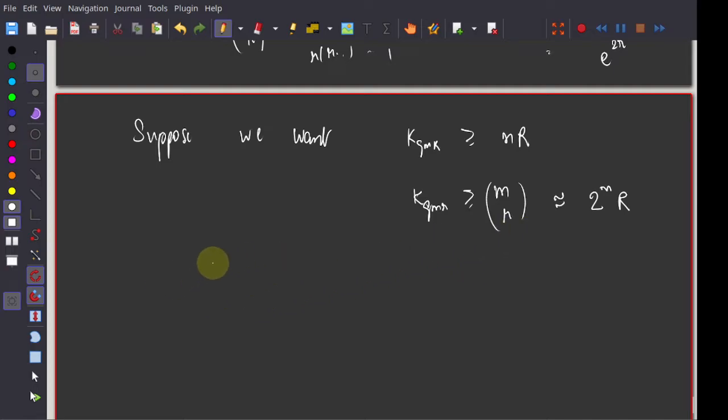Why is that true? So m choose r is less than or equal to m e by r whole raised to the r, but a better bound for m choose r. So when r is some constant times m, this is exponentially growing in m.